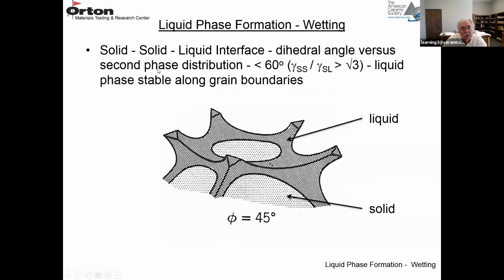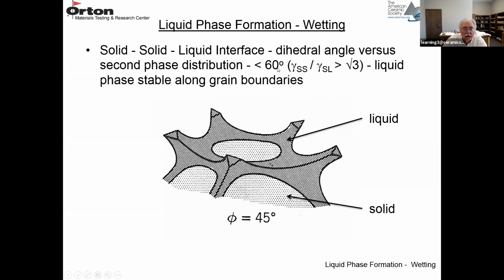If the dihedral angle is now less than 60 degrees, the ratio of gamma SS to gamma SL is greater than the square root of 3, and the liquid phase becomes stable along the grain boundaries. Now you have isolated solid grains in a matrix of the liquid, and this would be for an angle of 45 degrees.